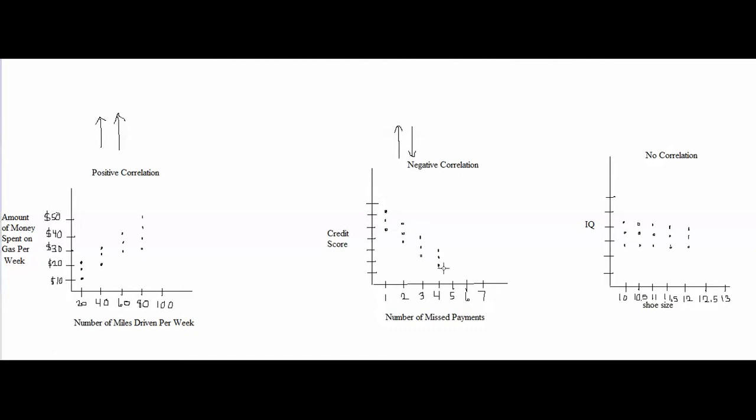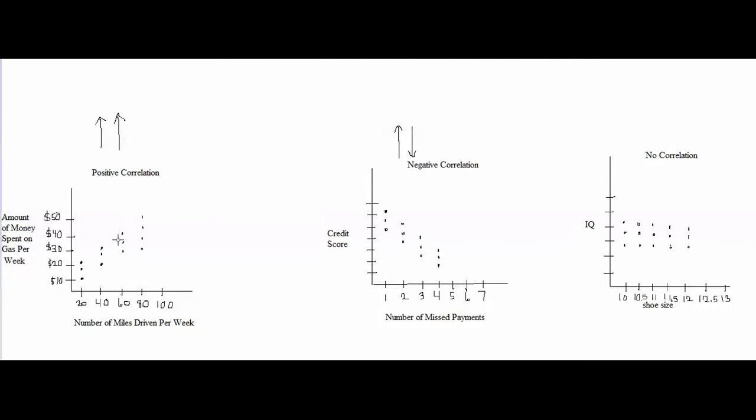But in social science or psychology, there are a lot of examples that are less obvious, and you won't really have an idea of whether they're positively or negatively correlated unless you actually collect data and see what the data looks like.